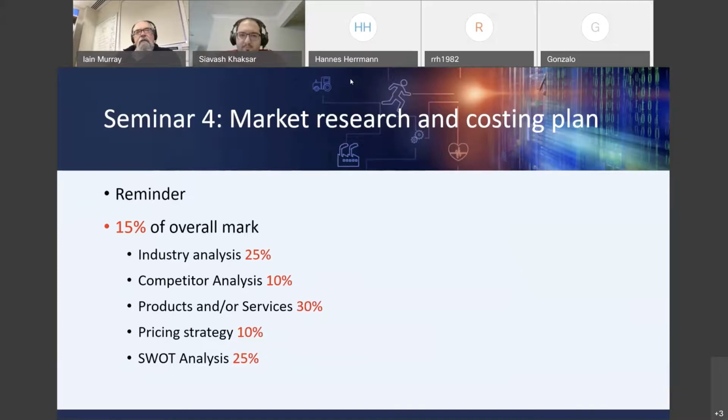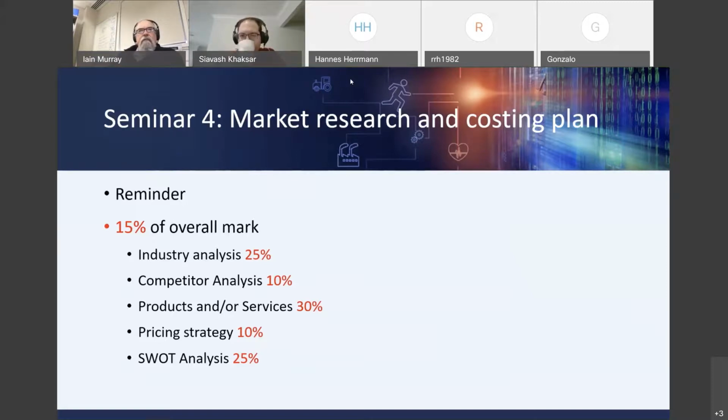It'll also read better having a proper structure. But if you're going to use your own format rather than the PDF form, make sure that you cover each of those points: industry analysis, competitor analysis, product and service, pricing strategy, SWOT analysis, so that we can find it in the way you're writing it.